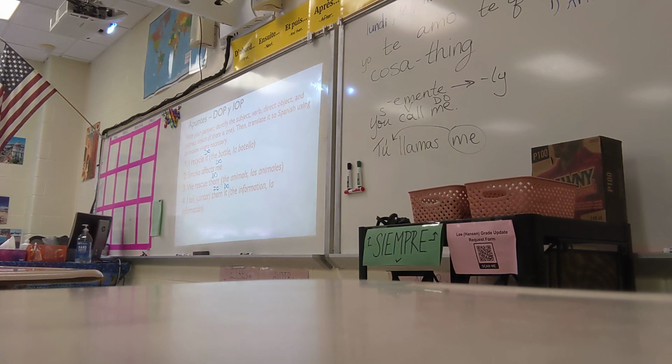How would I say them as a direct object? We're rescuing them. So los animales becomes los, and the los jumps before the verb. So we end up with nosotros los rescatamos.